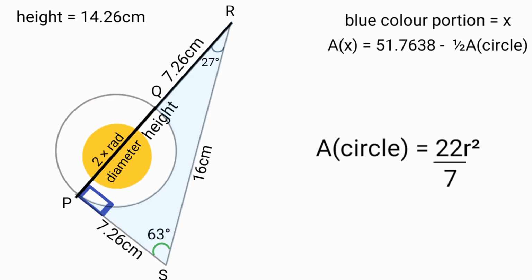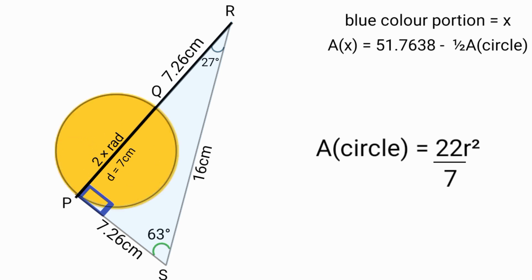So line PQ equals 14.26 minus 7.26, which equals 7 centimeters. And that means the diameter of this circle is 7 centimeters. If the diameter is 7 centimeters, the radius must be 7 centimeters divided by 2, which is 3.5 centimeters.